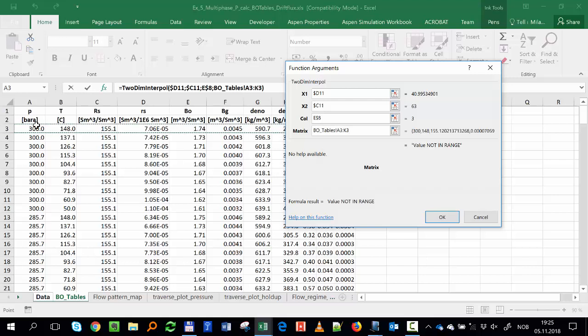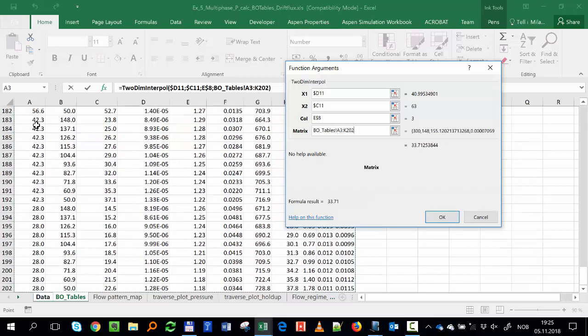Control Shift to the right, Control Shift down, and it selected the whole matrix. You should have this nomenclature, BO tables A3 to 202, and then block it. The table shouldn't change, it's always the same table.